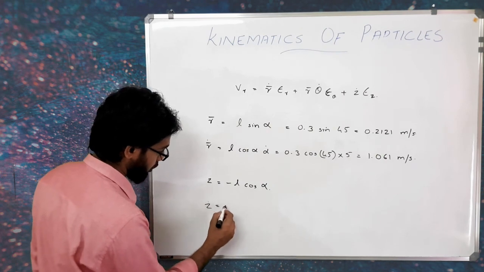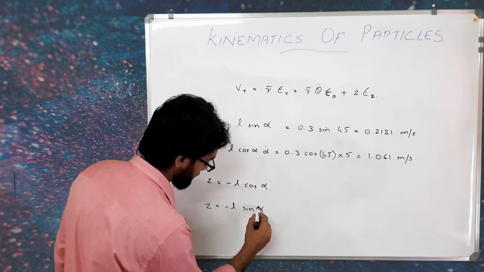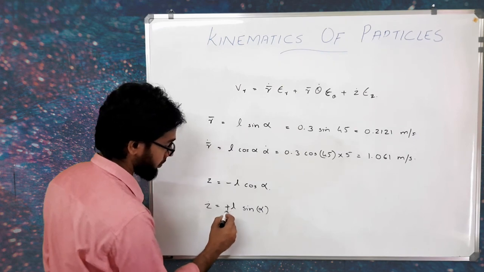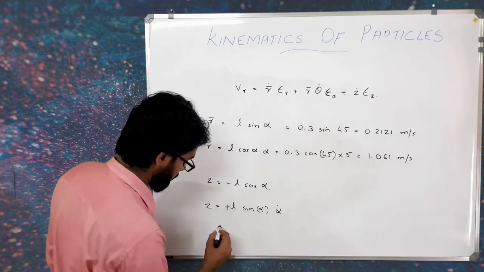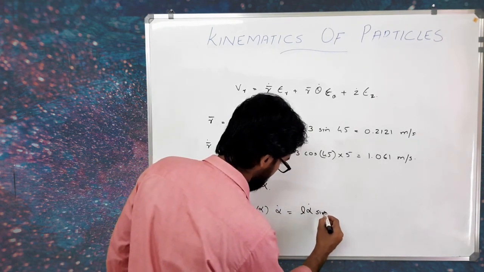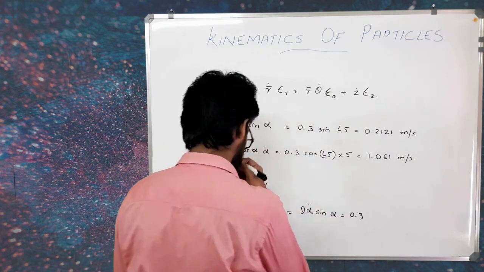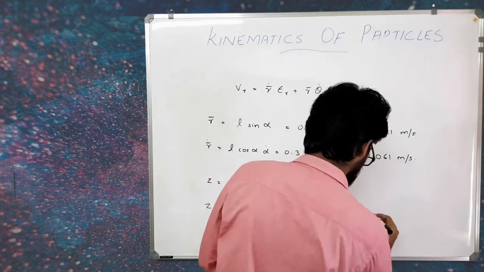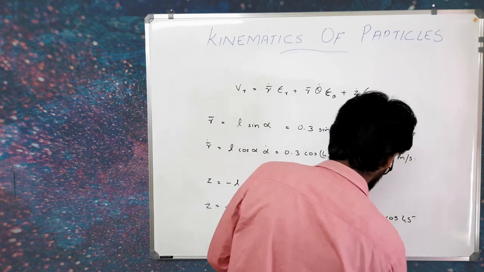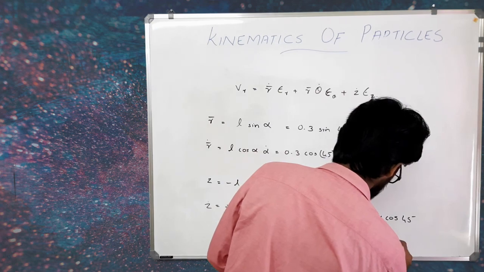So, z dot will be equal to minus L into the derivative of cos alpha. The derivative of cos is minus sine, so this will become plus, into alpha dot. So, as such, z dot is equal to L alpha dot sine alpha. Substituting the values, 0.3 into alpha dot, it is 5 radians per second, into sine 45, which will give you a value of 1.061 meter per second.